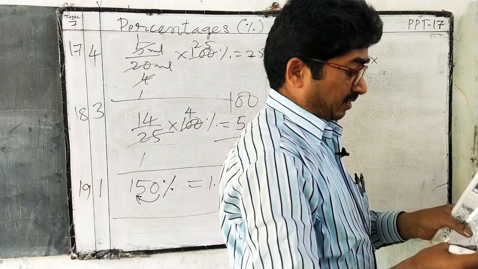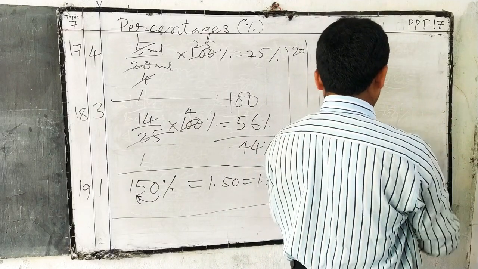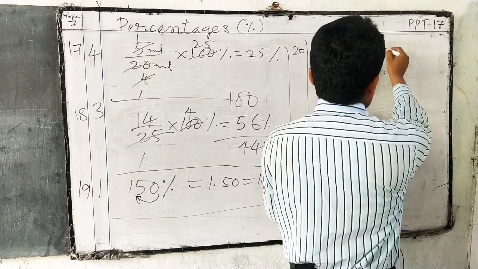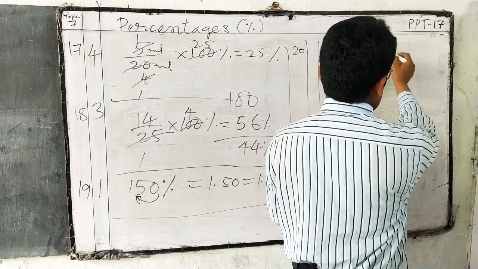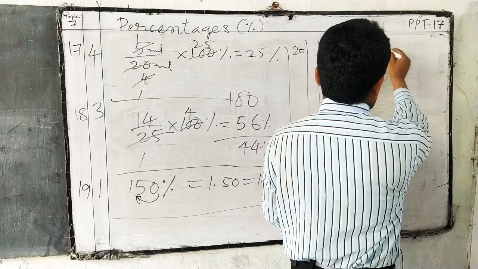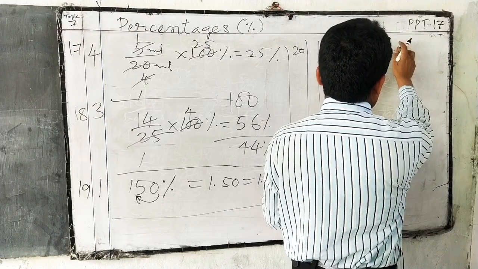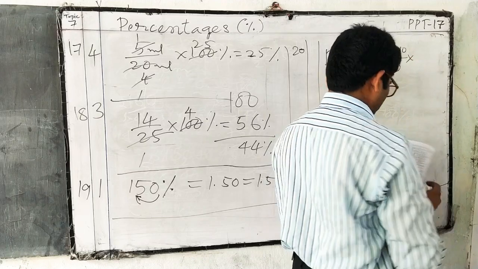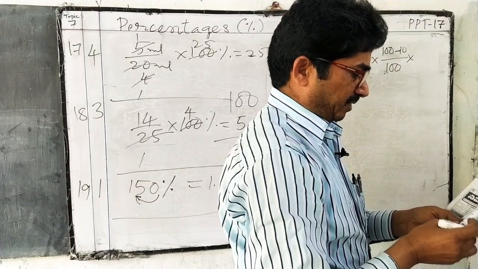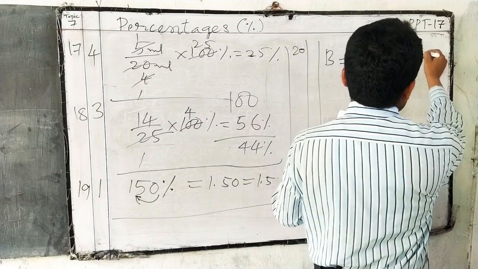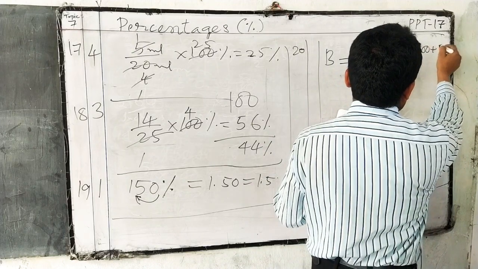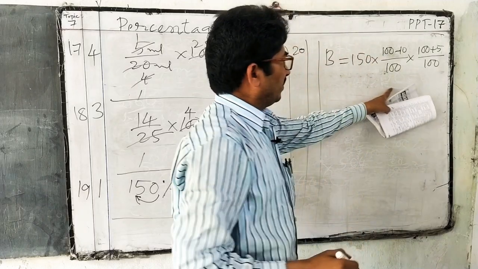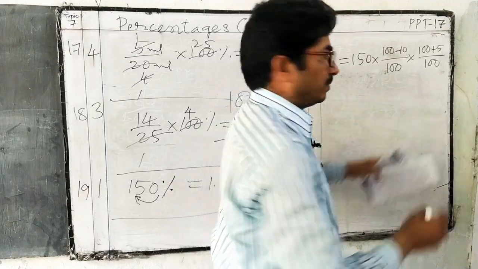B is 10% less than. 10% less than means another number 90, 100 minus 10 by 100 into C is 5% more than 150, 100 plus 5 by 100. If we simplify this, we can get the answer.